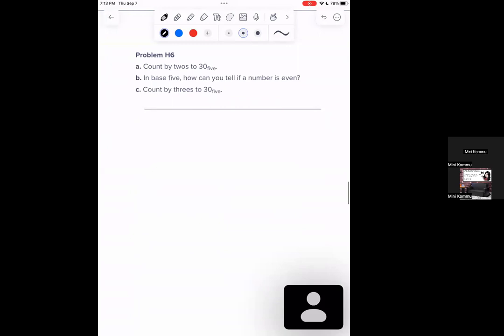Next, count by 2s to 30 in base 5. Again, please remember, in base 5, you count 0, 1, 2, 3, 4, and then you'll make it 10. If you make a chart like that, where you count till 5 digits and then go to the next number, this is what you'll have for counting by 2s.